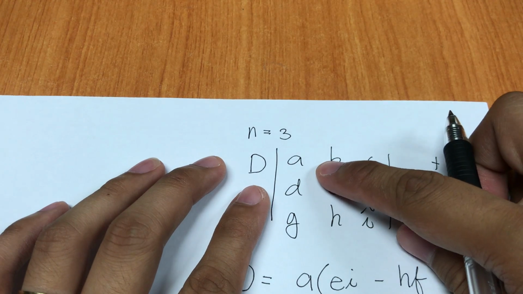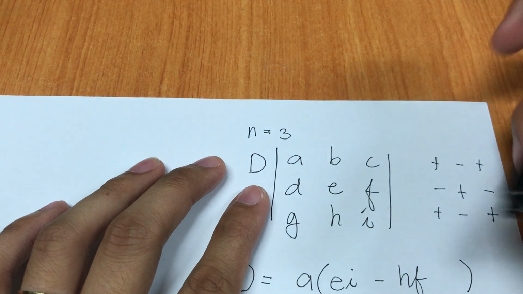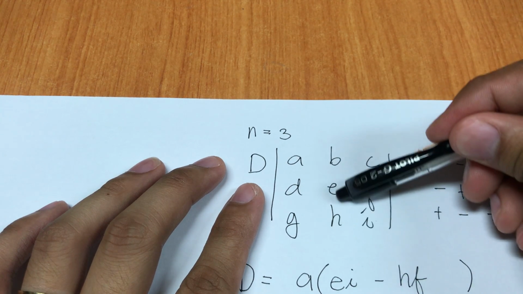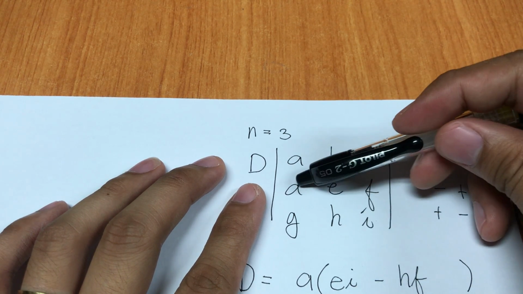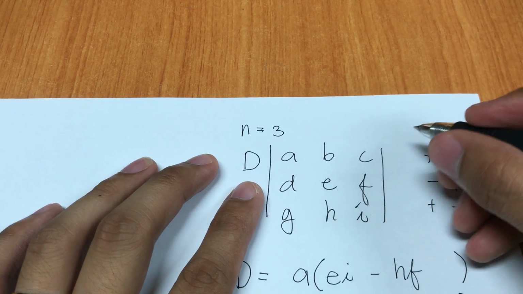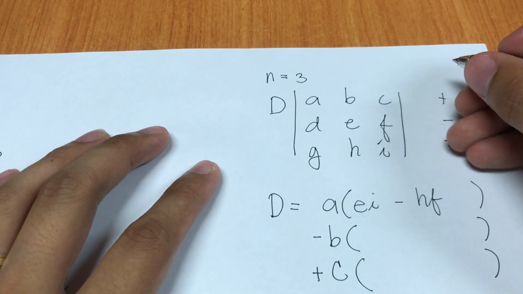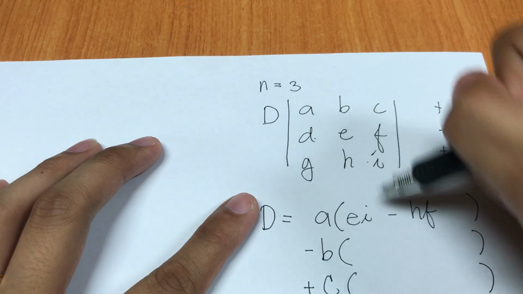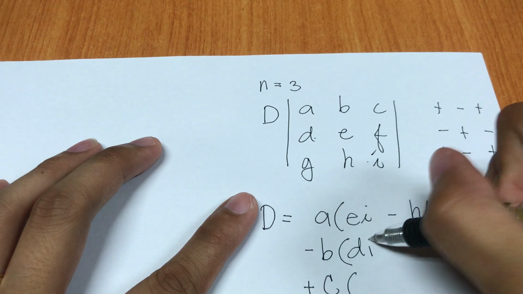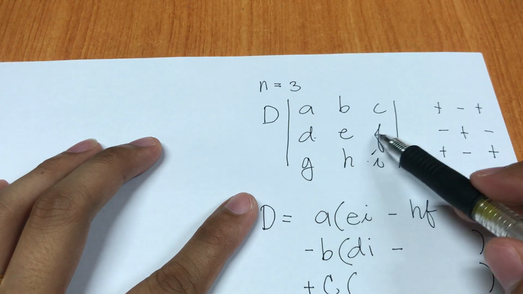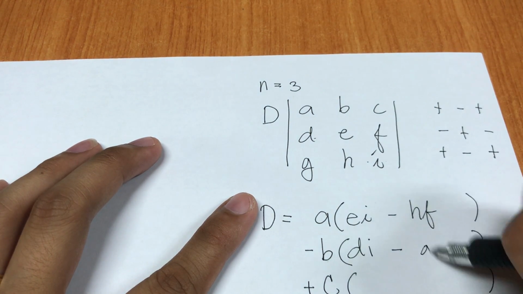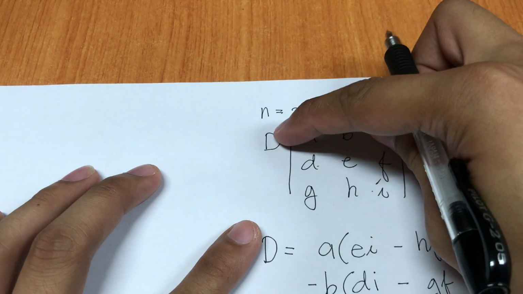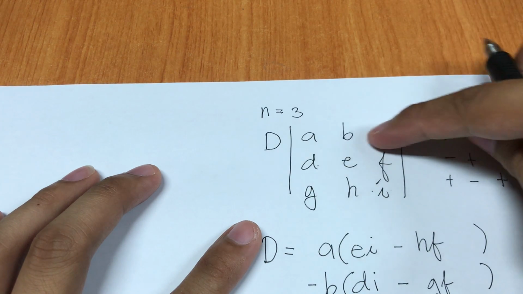Next, si B. So, iyahang mga ka-column o ka-row is kani and kana. So, we have the 2 by 2 matrix D, F, G, and I. So, D times I minus G times F. C. So, tabunan nato iyang ka-row ug iyang ka-column.